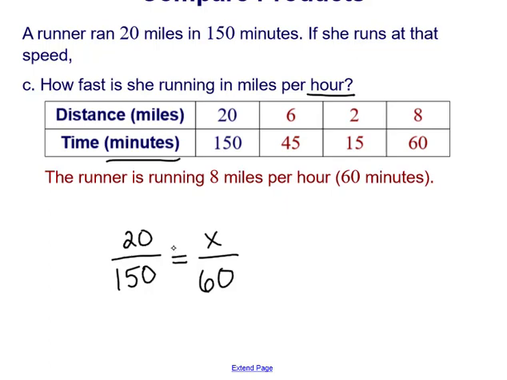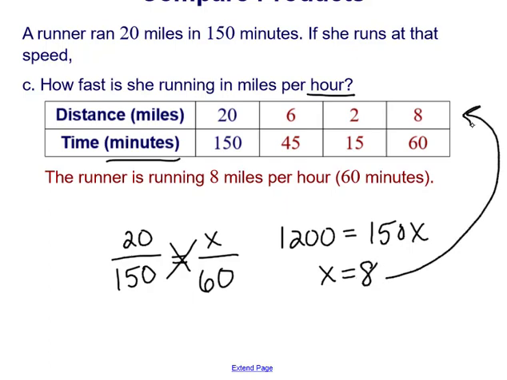So we can solve this by cross multiplying. 20 times 60 gives us 1200, and 150 times x is just 150x. And we can think what multiplies by 150 to get 1200. If we do that problem, we get our answer of 8. So we can fill in the table that 8 miles is for 60 minutes, which is 8 miles per hour.